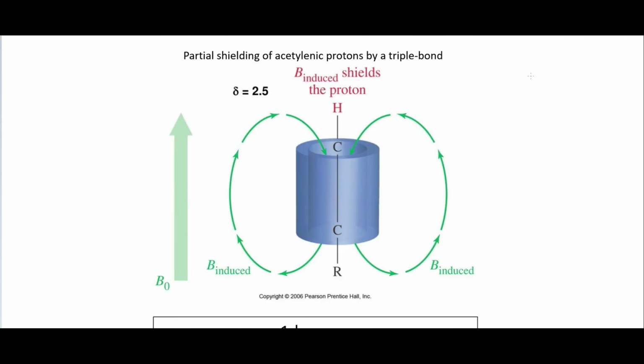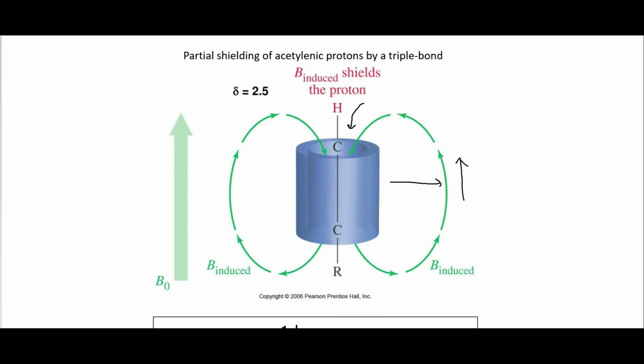But now, if we look at acetylenic protons, on a triple bond here, what we actually see is that this will orient sort of up and down in the magnetic field. Instead of the protons sticking out over here where the magnetic field is adding to it, it's now sticking up where it's getting into the part of the magnetic field that's going back down that way.